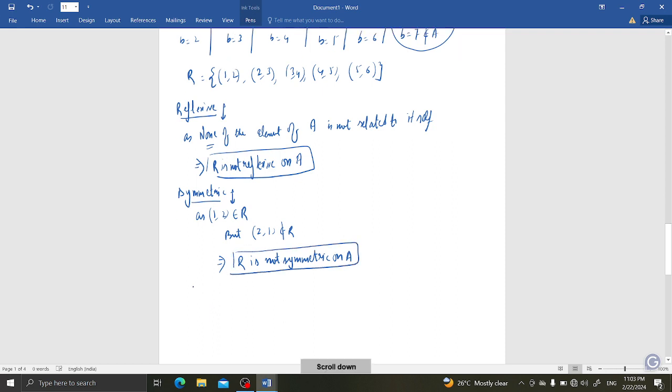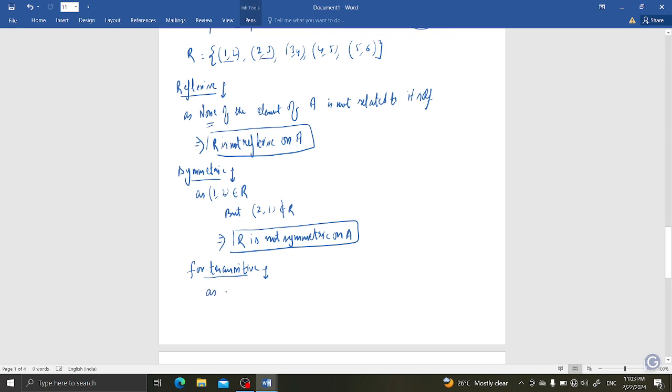Okay, now for transitive, observe (1, 2) is there, (2, 3) is there, but (1, 3) is not there.